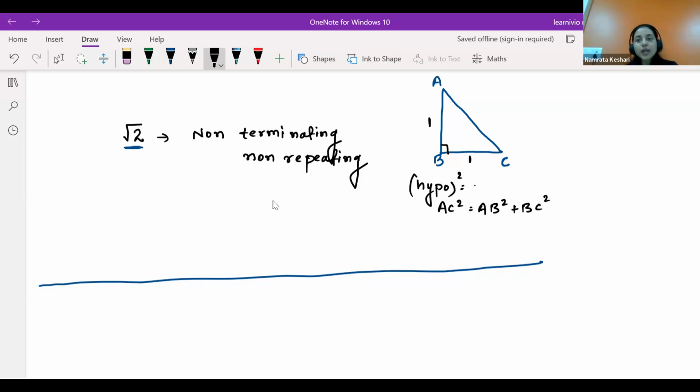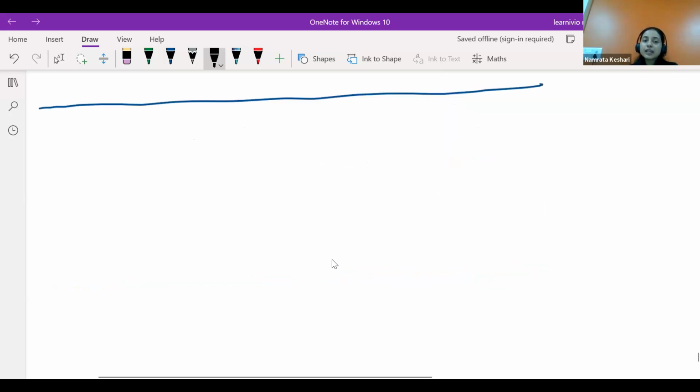Now here I want to add one more thing. When I was taking the class 10 students, one of the students said that if I have drawn the triangle like that, just a second. Let me show you first.